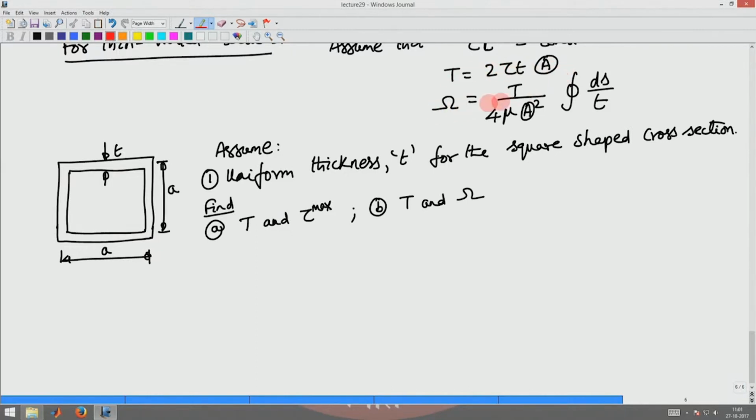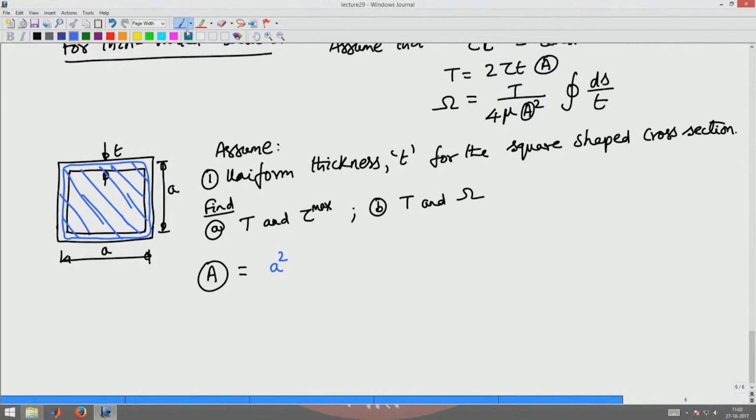Now the enclosed area for this cross section would be this area, which will be A square, because the center line dimension is what I gave as A. So there will be A square.